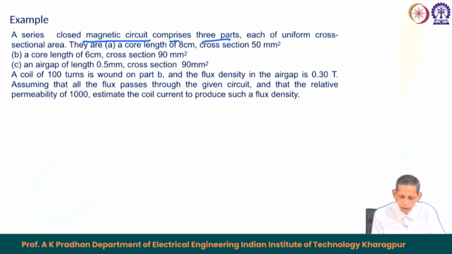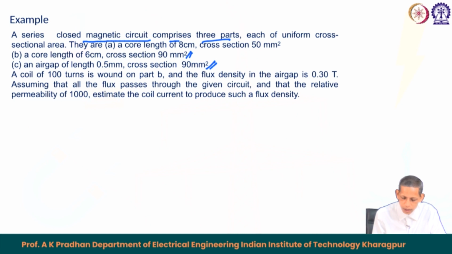So, if you see, the air gap has the same cross section as the second core, and therefore we can consider these 3 in series because they happen to form a closed path.